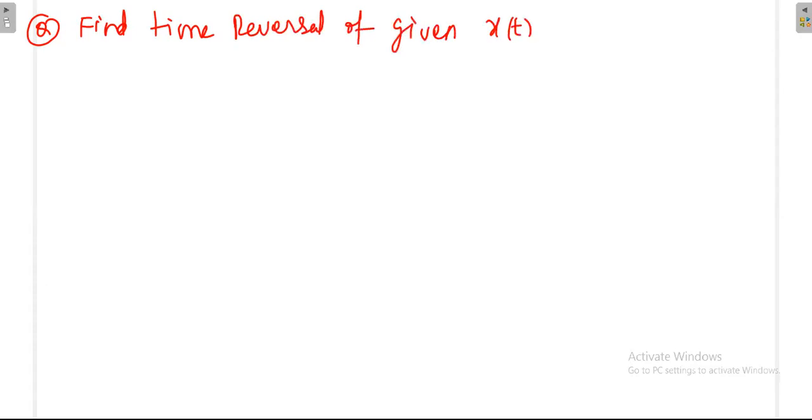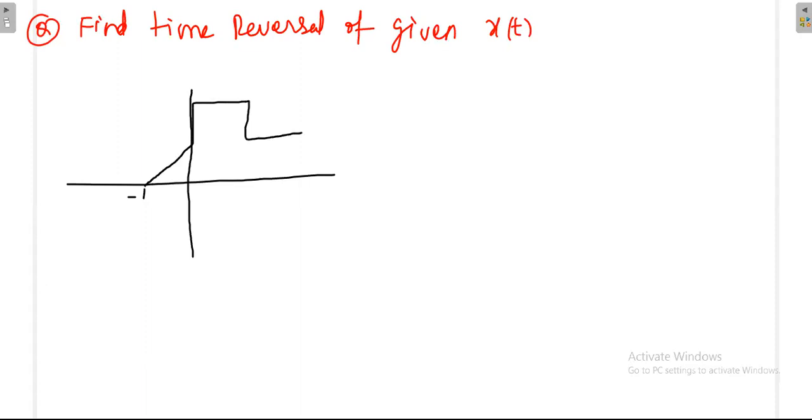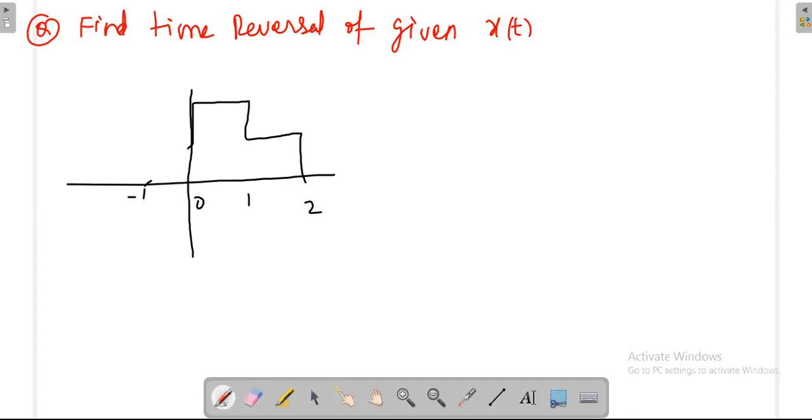This is the question, x of t is given, with values at -1, 0, 1, 2, and on the t axis the values are here 0, exactly here 2, here 4, here 6.